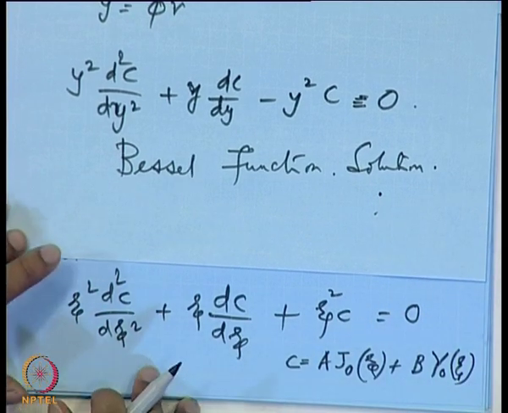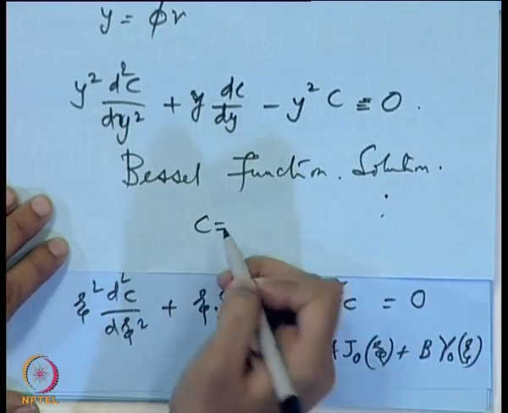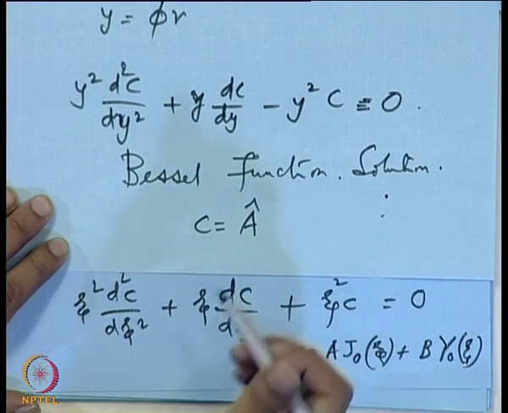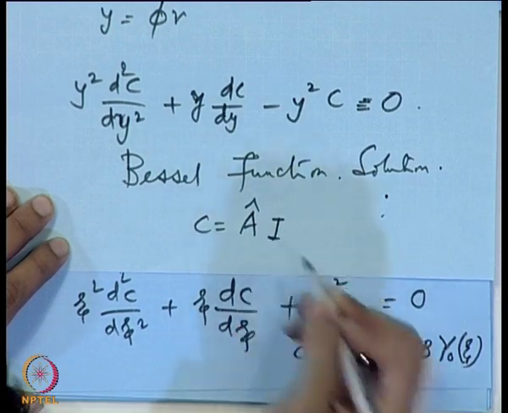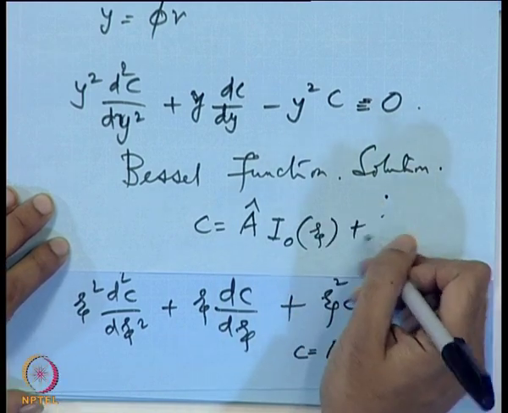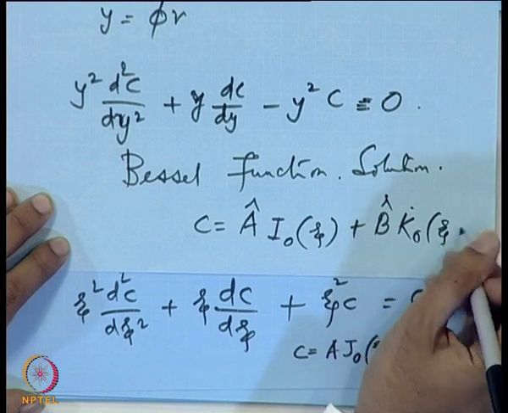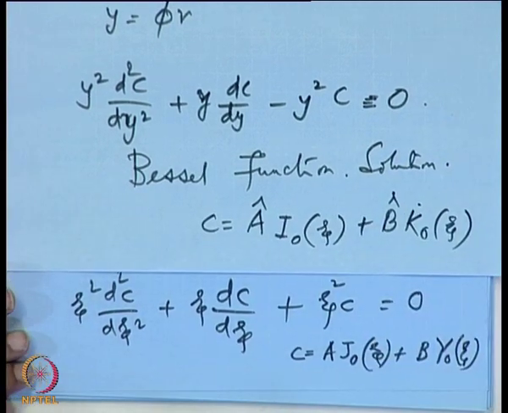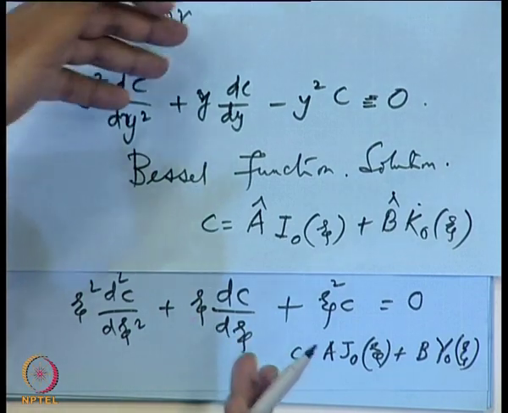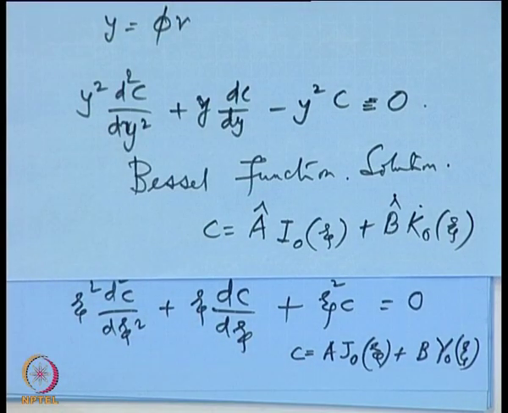So, this is the solution, and then the solution for this one would be C equals some A hat, I and K. So these two solutions are possible. Either you write it in this form or that form. If it comes with a negative sign, then you have the I and K, and if it comes with the positive sign, then you have the J and Y. It doesn't matter, you get the same thing.